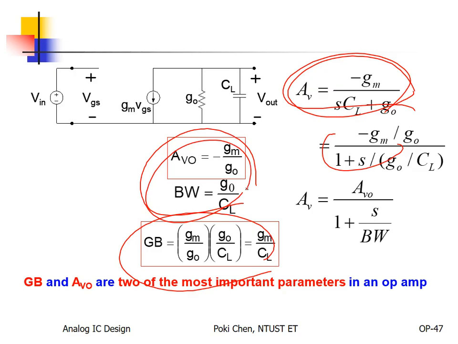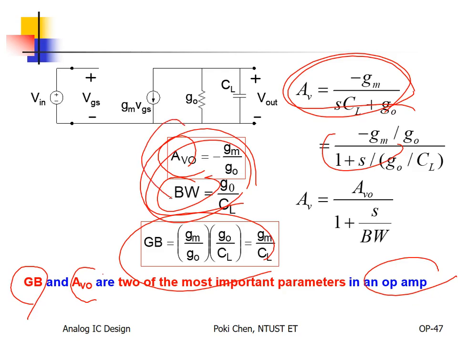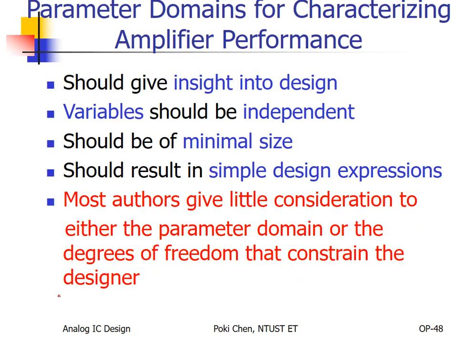So thinking is much more important than derivation. All right. And for op-amp design, DC gain and bandwidth should be the most important two parameters. If you combine them, you get gain bandwidth product. Okay, that's it.